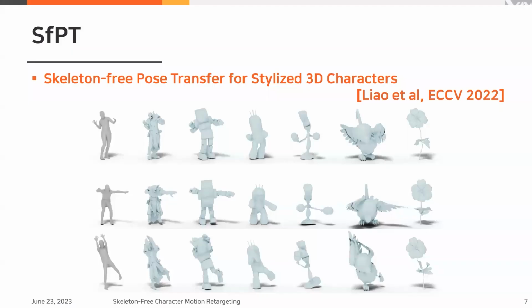The first paper is Skeleton-free Pose Transfer for Stylized 3D Characters, which was published in ECCV last year. As you can see in the title, the authors proposed an automatic learning-based method for pose transfer between rig-free 3D characters with diverse shapes, topologies, and mesh connectivities.